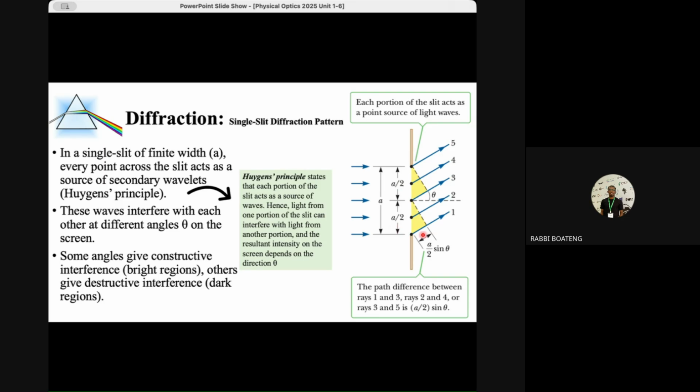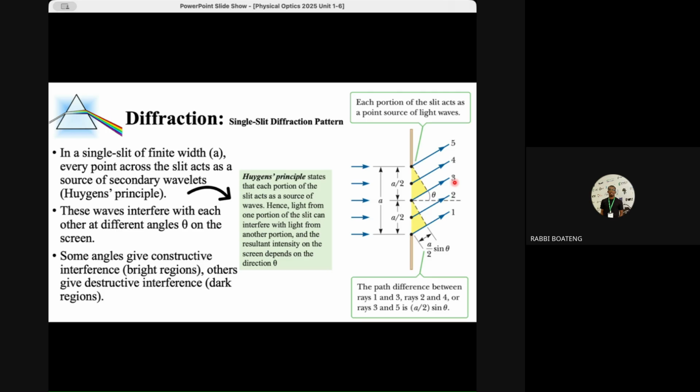And now the rays exiting, we have ray 1 here, and the last one that is exiting is ray 5. In fact, it's from ray 1 to ray 5. Now, when we divide our opening or our aperture by 2, it means that the middle ray is going to be what? Ray 3.